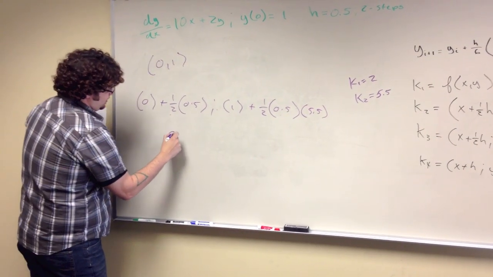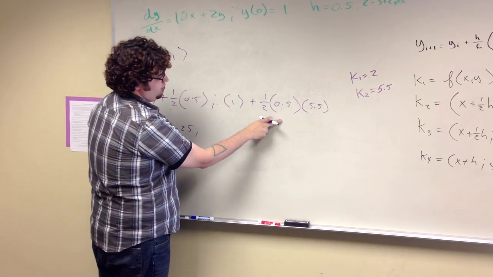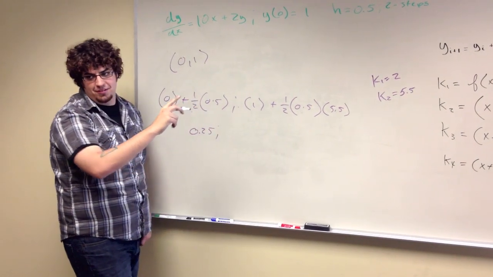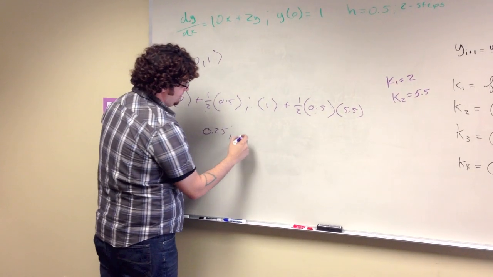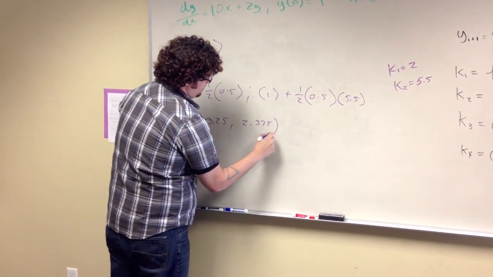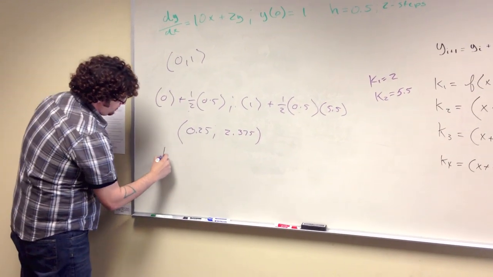On this side again, we get 0.25, and then over here, 0.25 times 5.5 is 1.375. So with 1, we'll get 2.375.